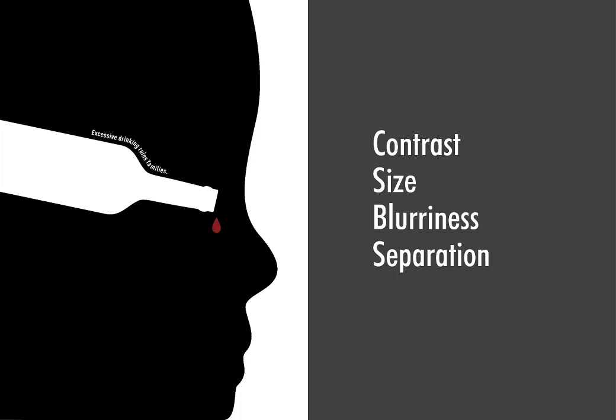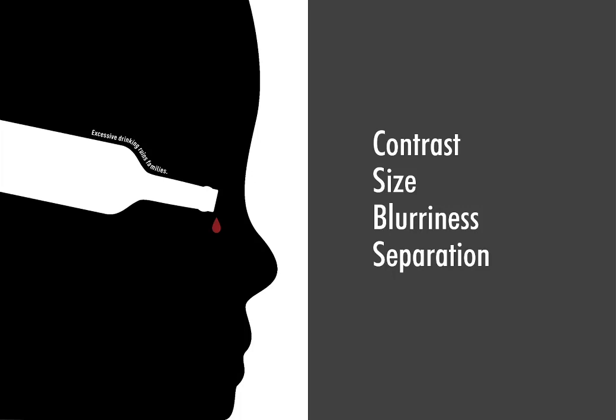What do you see first? Well, the title for this poster was "Excessive Drinking Ruins Families." I created someone's head crying with wine, and his or her eye is a glass.